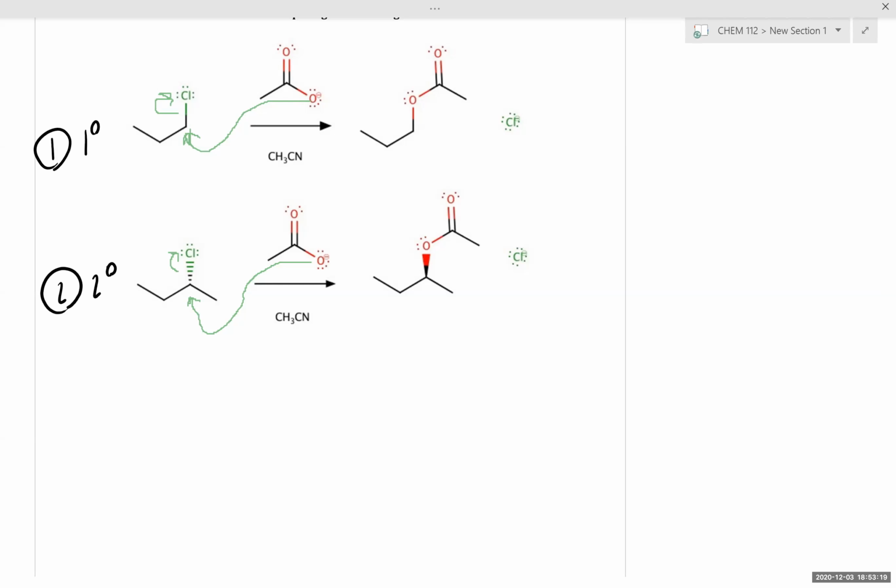I'd like us to draw a reaction coordinate showing both of these pathways, and I'd like you to show the difference between these two pathways. If we change the hindrance around our substrate, what is very sensitive to steric hindrance? What is very sensitive towards substrate substitution? What changes?